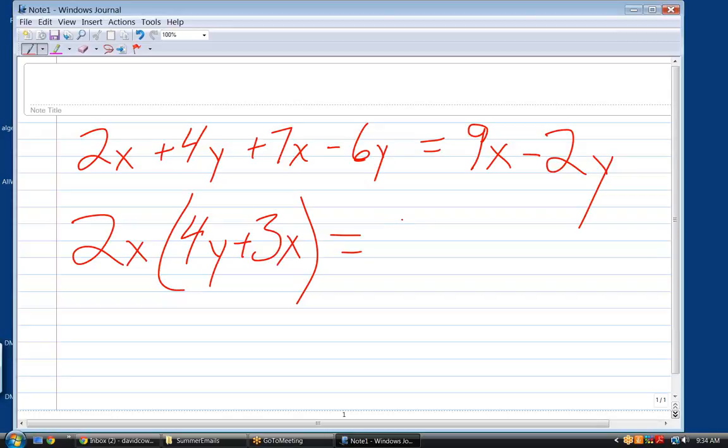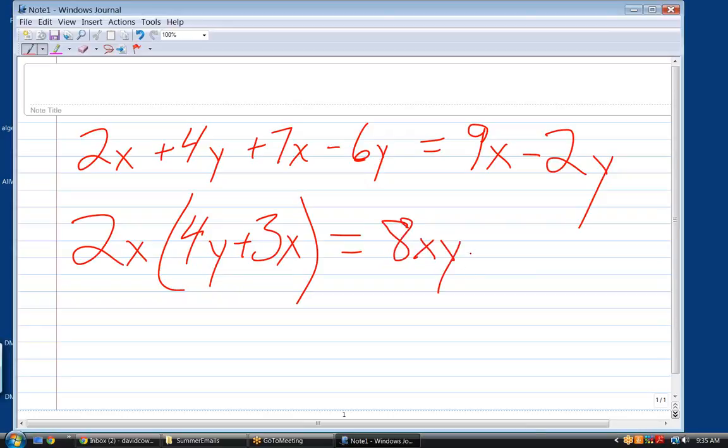Wait, do you have to add this? No, the parentheses means multiplication. So what we have to do is multiply 2x times this term, and then 2x times a plus 3x. So what's 2x times 4y? 8xy.